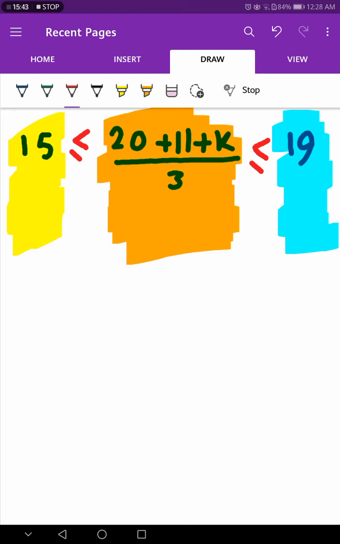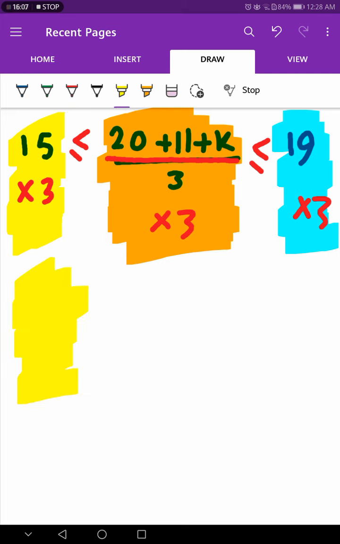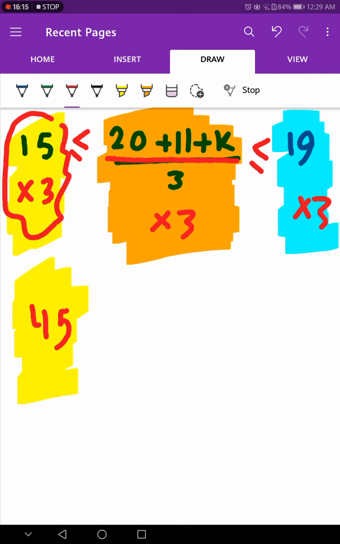So the first step, as you see here, they are over 3. Over means divide, and the inverse of divide is multiply. So multiply the 3 sides, the left, the middle, and the right, by 3. So in the left side I have 45. Don't ask me why, because I will not answer you, that 15 multiplied by 3 equals 45.